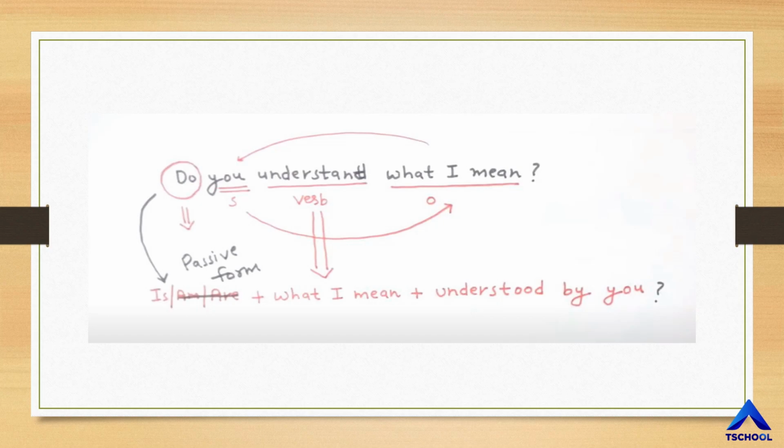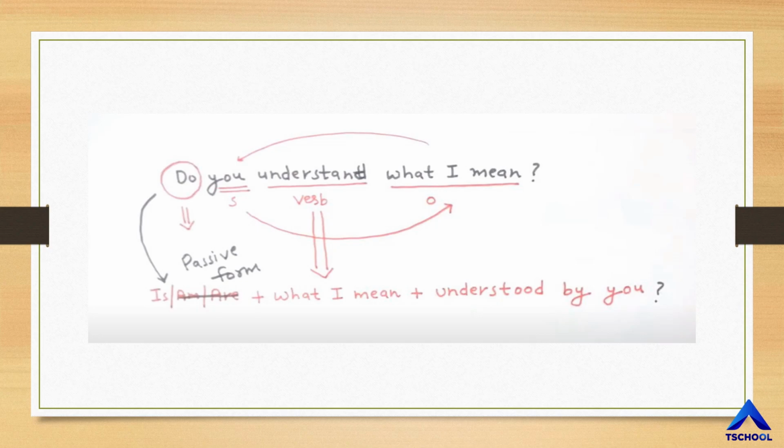Object becomes the subject, so the object is at last, so it would be coming previously. Understand, the verb, the third form, that is understood. You, by you. So again at the end it is a question mark. By you, by, that we have discussed in part 1, we need to put by.